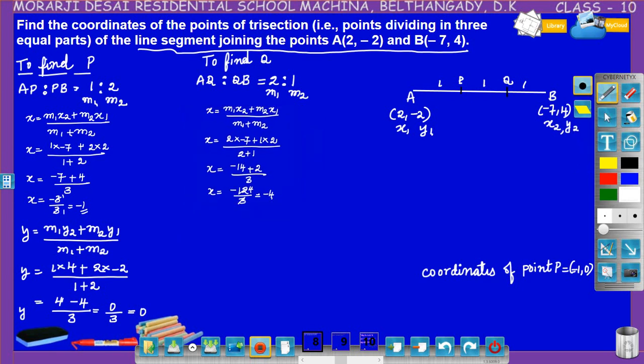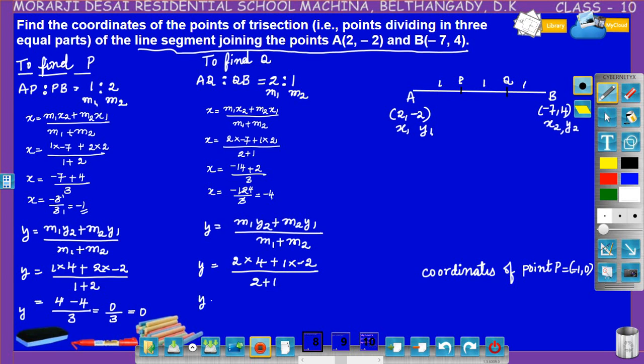Now let us find the y coordinate, that is y is equal to m1 y2 plus m2 y1 divided by m1 plus m2. Now y is equal to, what is m1? m1 is 2 into y2 is 4 plus m2 is 1 into y1 is minus 2 divided by m1 plus m2, that is 2 plus 1.